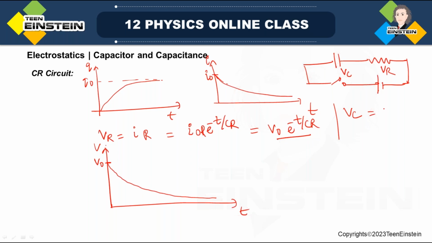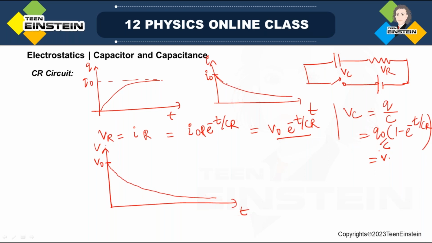VC means Q by C. C is anyway constant. So how does Q vary? Q varies as Q0 into 1 minus e to the power minus T by CR. This is actually growing, isn't it? Exponentially growing. There will be Q0 by C here, so this is VC0.